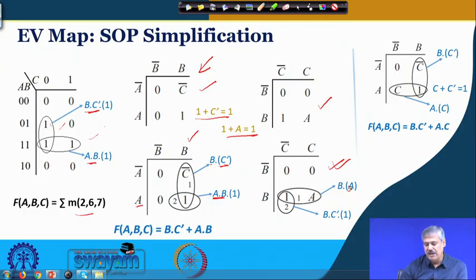So, BC prime and AB, and we get the same expression. Now, we take note of one interesting point here: the 1 that we are writing as 1 plus C prime or 1 plus A to get a minimized expression can be written as C plus C prime also.